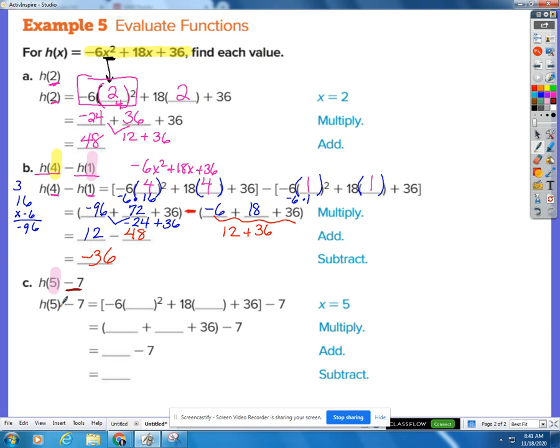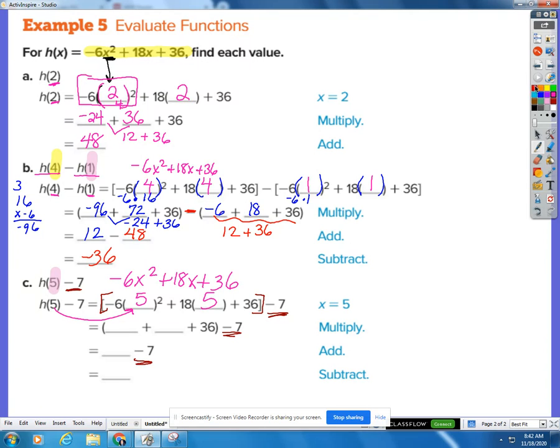So that 5 is going to go in for our x, and we're still using that same algebraic expression that I have highlighted in yellow up top, negative 6x squared plus 18x plus 36. The x is going to become 5. And then notice that that negative 7 is not in the grouping symbol. You're evaluating the function first, getting an answer for that, and then you subtract that 7 at the end.